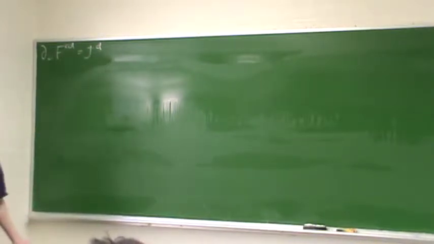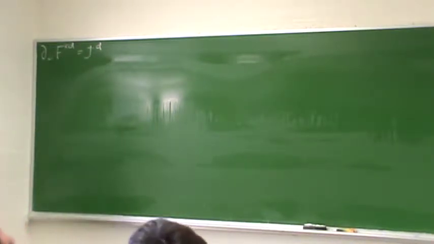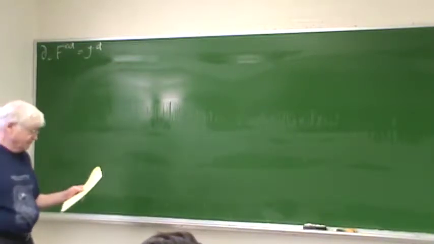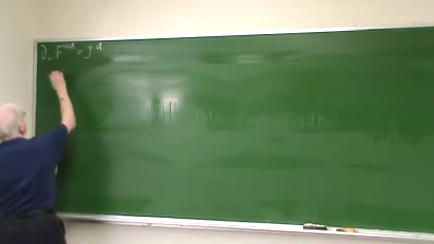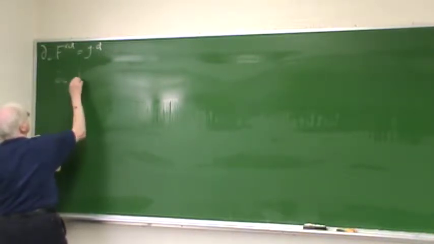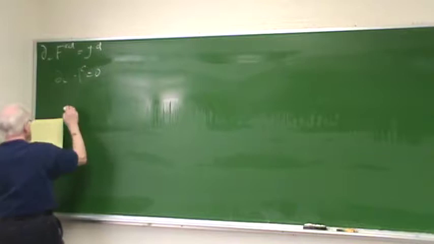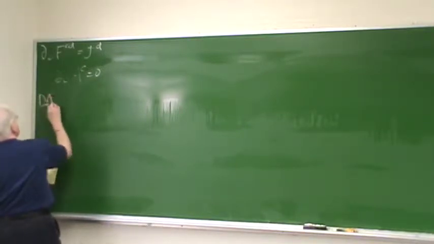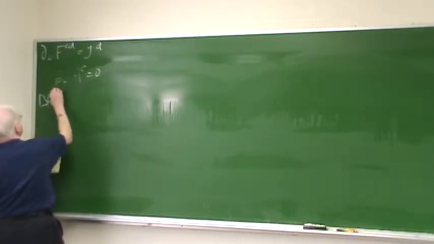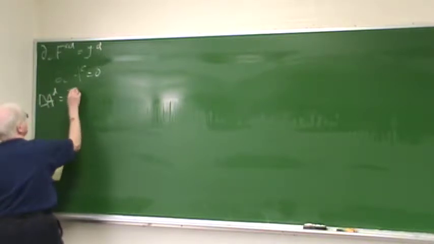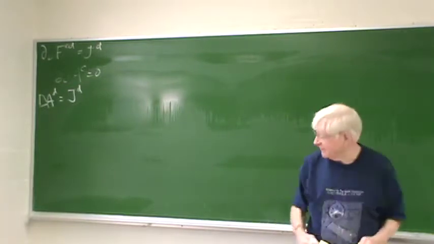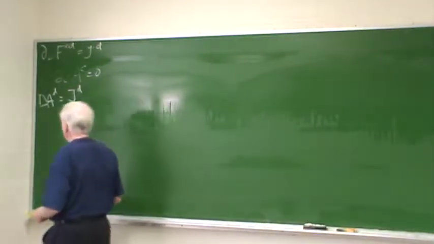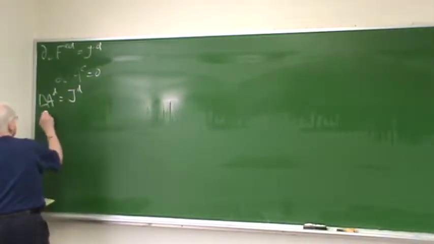So the divergence of F is the current, and if you write down what that is, and you go to the Lorentz gauge, then you get the equation box A equals J. And we were talking about that last time, and Schwartz likes to use the notation 1 over box.